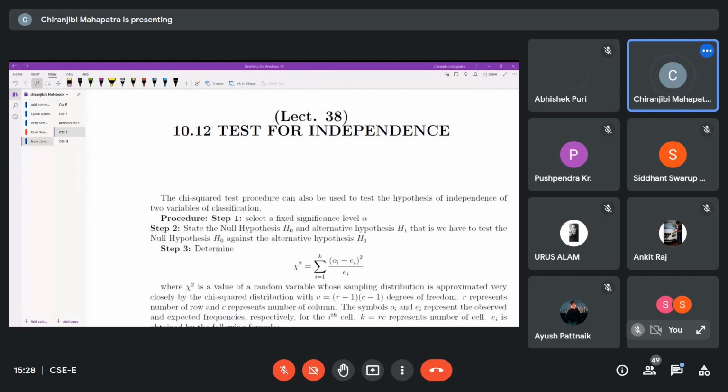Okay, we want to test whether they are independent or they are dependent on each other. So in this case, we can use this method.